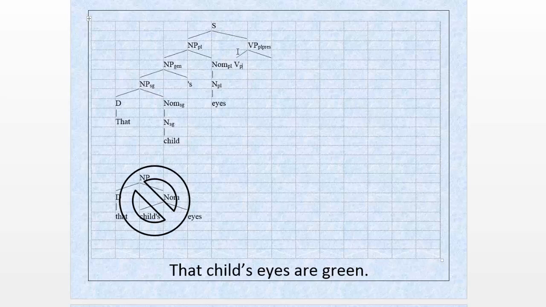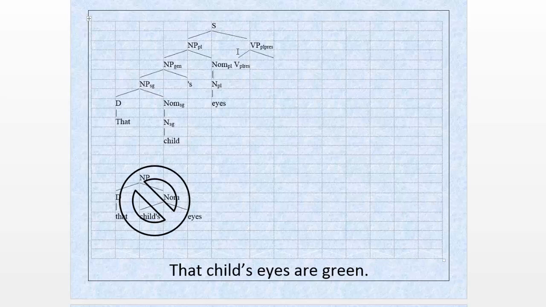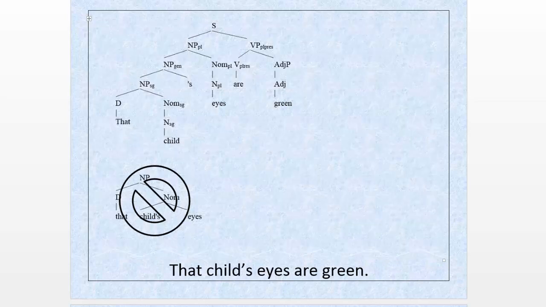Verb, plain present. Good. A little crowded, more crowded than I would like. Are, and then we'll have green. That's going to be an adjective. Seems green, very green. How green? And there will be the structure for this sentence. Okay, and there it is, once we take away the boxes. So that child's eyes are green.